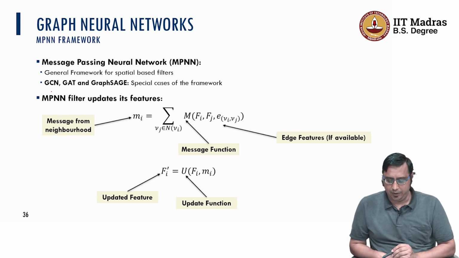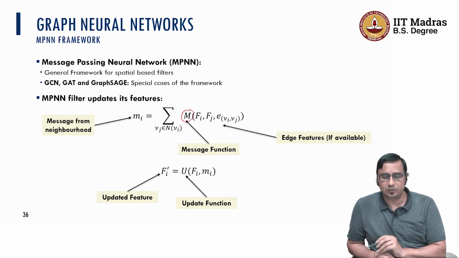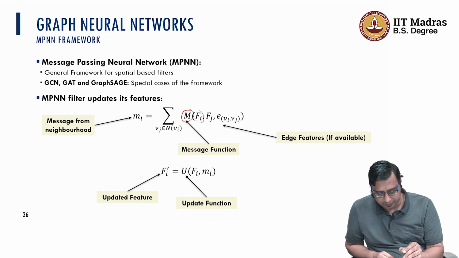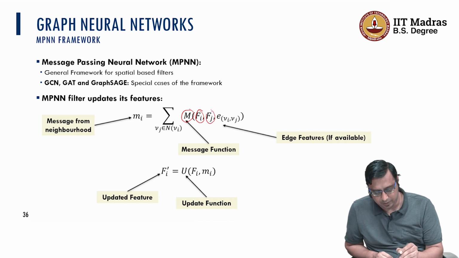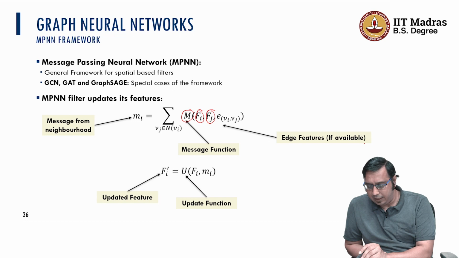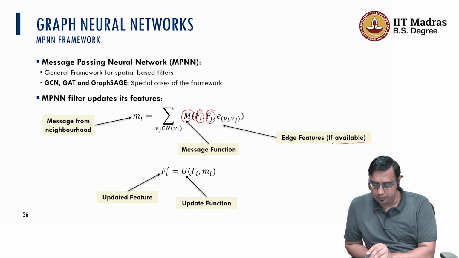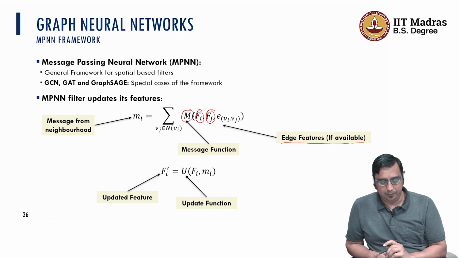In a message passing neural network, we have a message passing function M. We have a feature associated with node vi, a feature associated with node fj, and edge features between nodes vi and vj. Remember that a message passing neural network does not require edge features, but if we have them, we can incorporate them without loss of any generality.